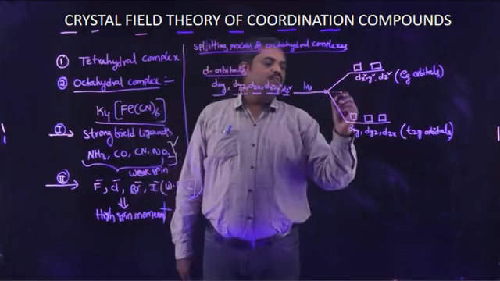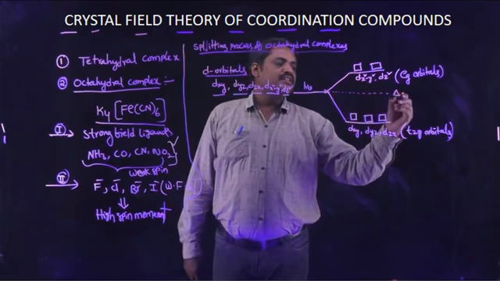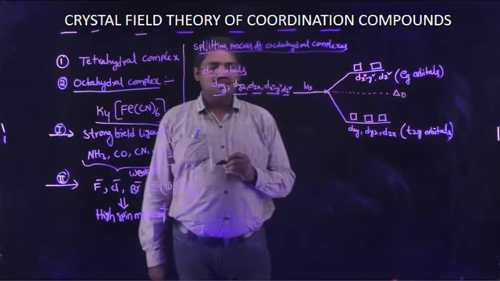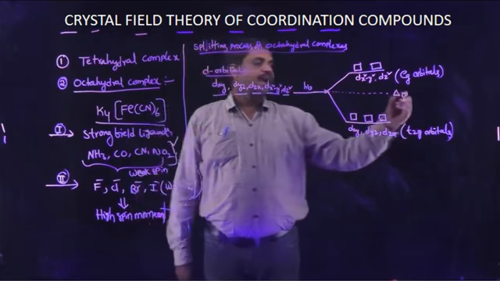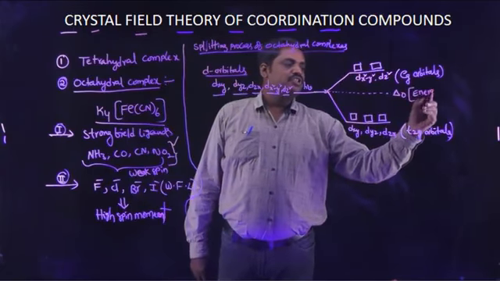The energy gap between the two sets is indicated as delta naught.